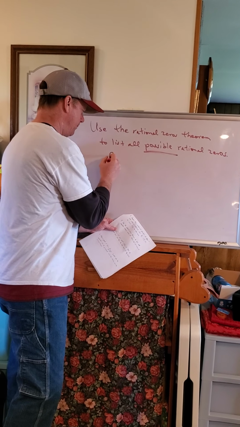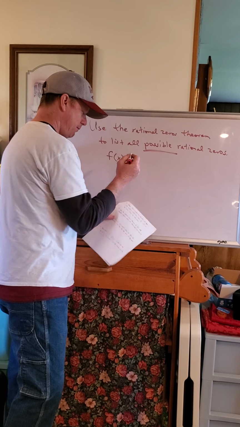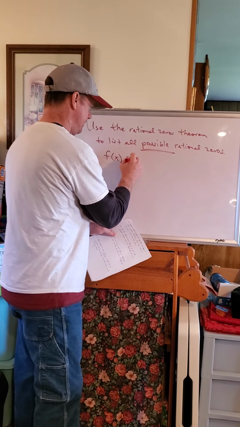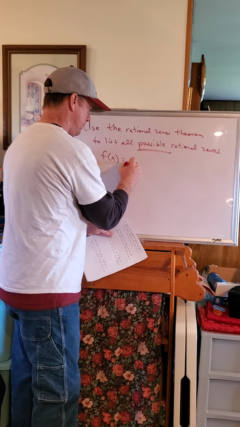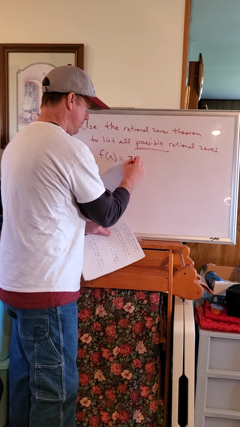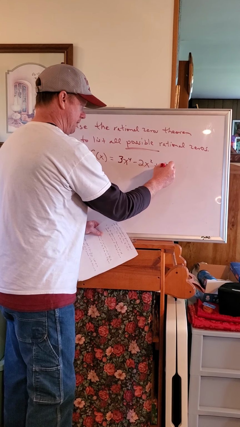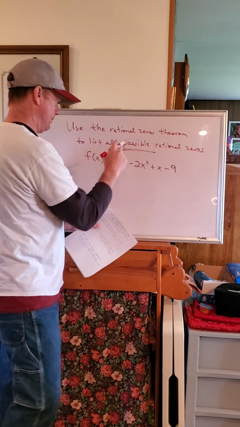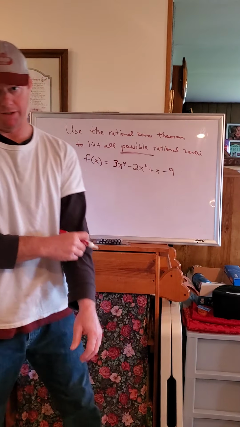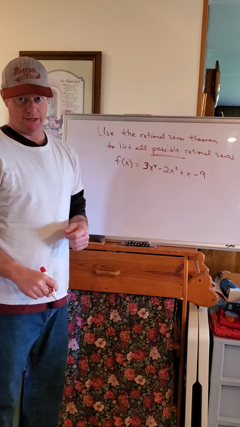So if I give you a polynomial function like this, say we have 3x to the 4th minus 2x squared plus x minus 9. Say that's our polynomial function, and I want you to list all possible rational zeros.